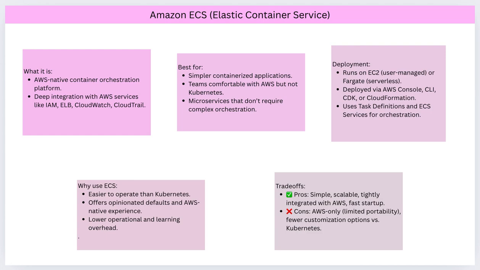That makes it ideal for teams that are already working inside the AWS ecosystem, especially those who don't want the complexity of Kubernetes. Use cases: simpler containerized apps, teams who want fast setup with AWS native tooling, microservices that don't need advanced orchestration.